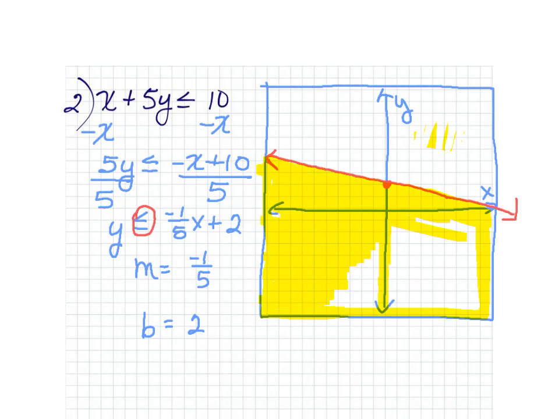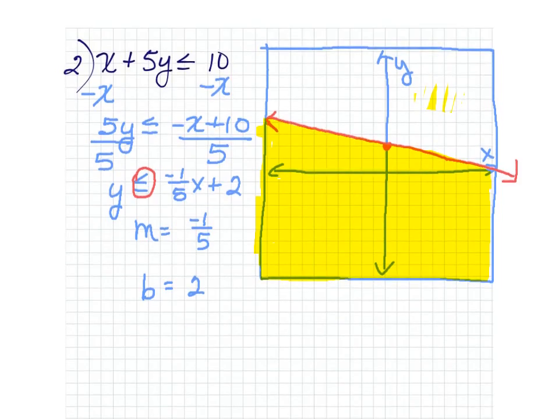Okay, a good thing to do, because students struggle sometimes as to knowing which half plane to shade in, is to check your solution. What you can do to do that, it's very simple, is pick any point in your shaded half plane. And if 0, 0 happens to be in your shaded half plane, that's a really easy point to check.